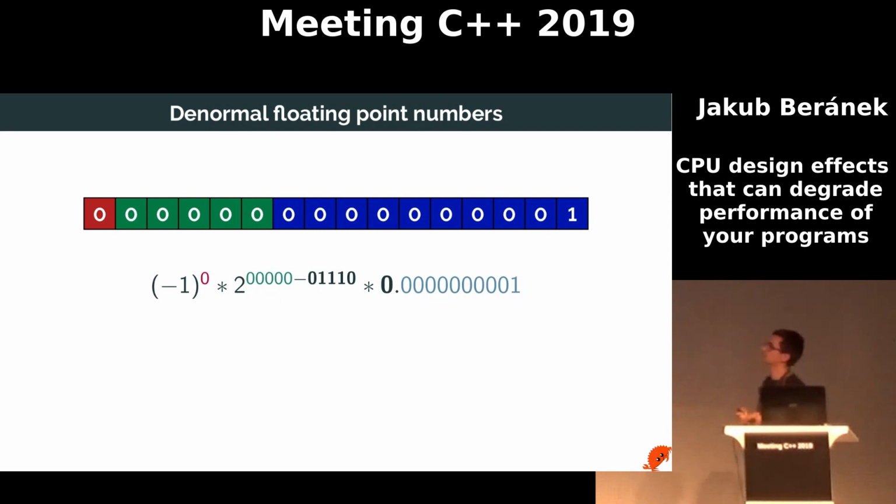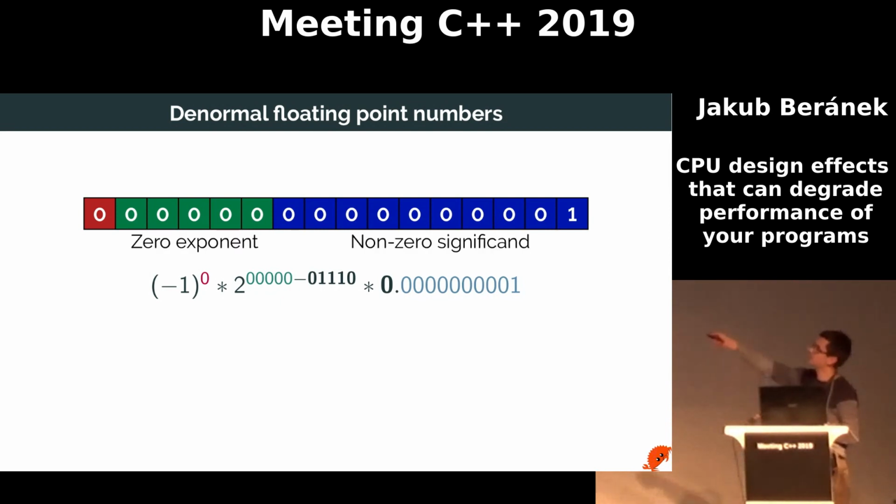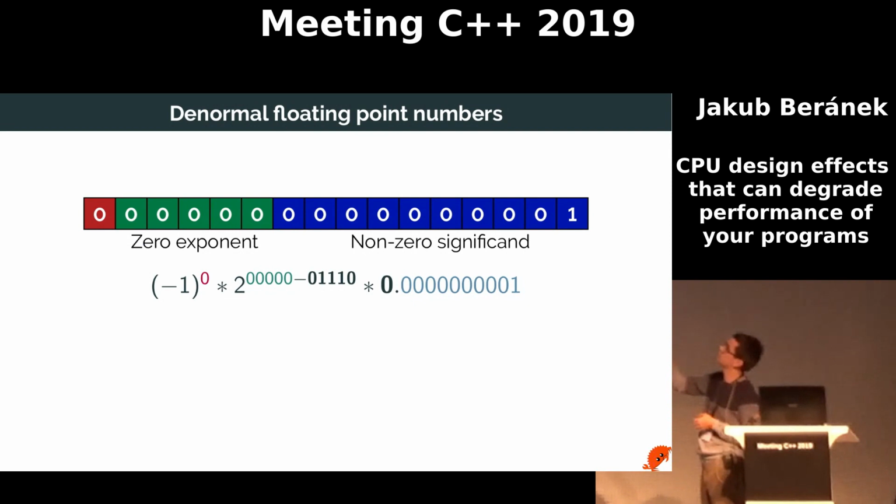And this is a kind of special number because the exponent is 0, but the significand is non-zero. So if it was all zeros, it's just 0, or -0 if there was a one here. But in this case, I have a 0 exponent and a non-zero significand. And this type of floating point number is called a denormal or subnormal floating point number.